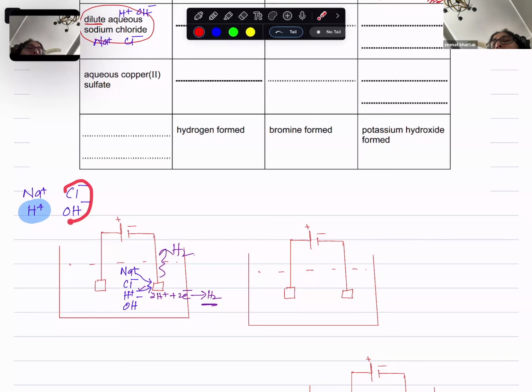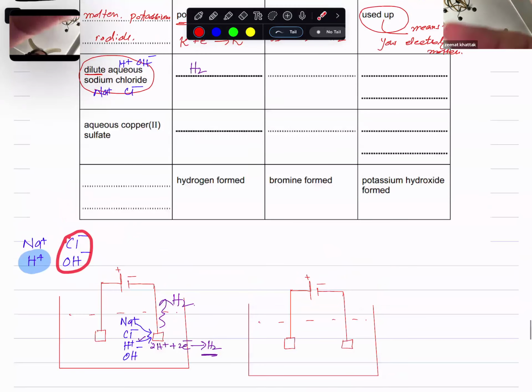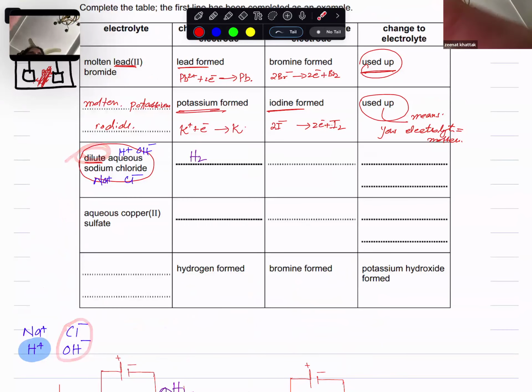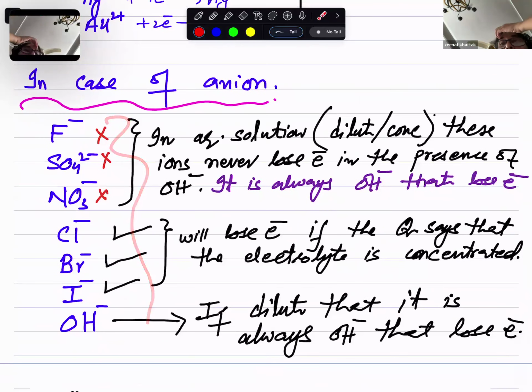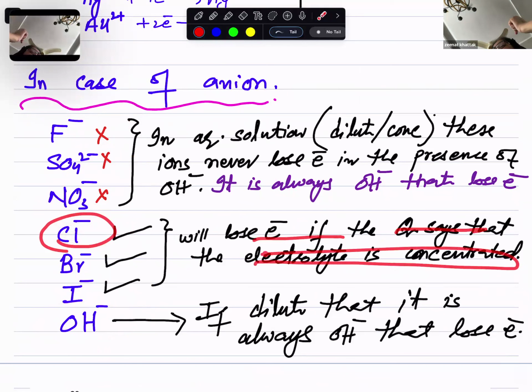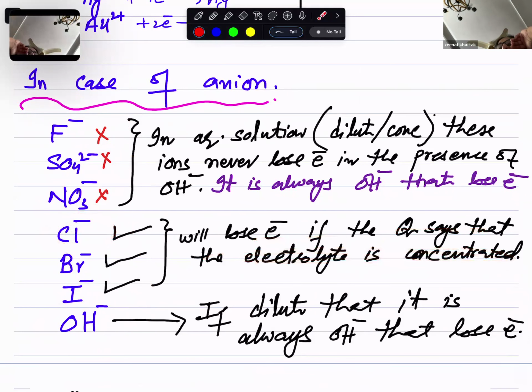Now, among chloride and OH, what is written? Dilute. Chloride will lose electrons if the question says that the electrolyte is concentrated. That is only possible if concentrated is written, and this one is when it is dilute.